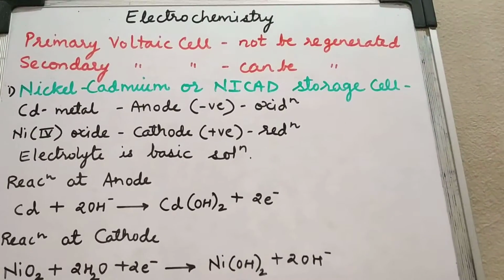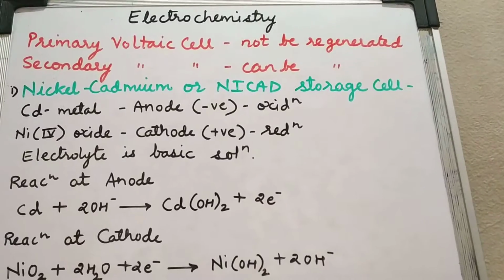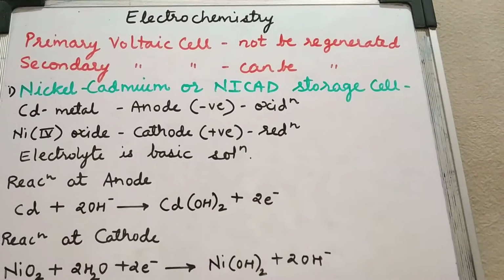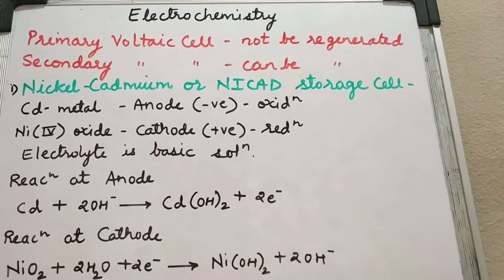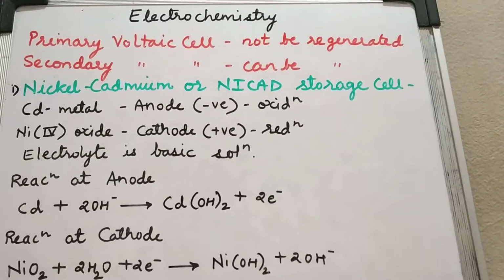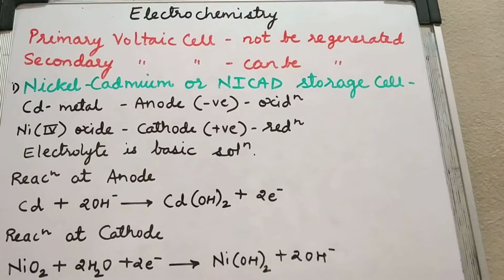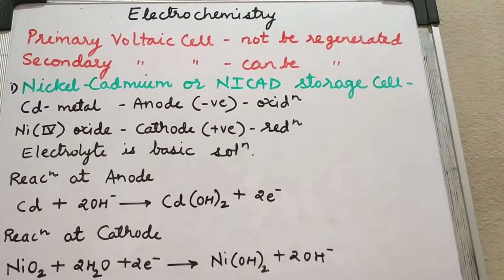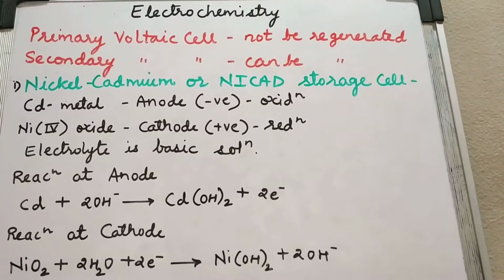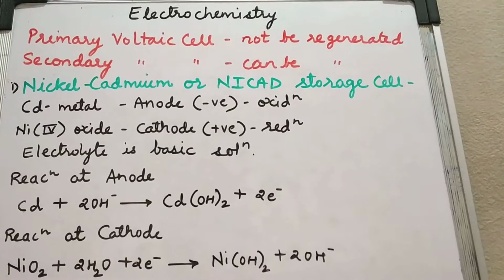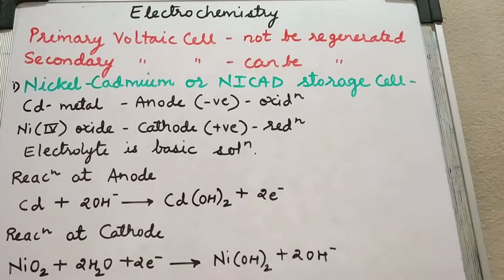A primary voltaic cell is a cell that cannot be regenerated. The meaning is, the cell dies. Once the chemicals present in the cell are used up, they are finished, the cell dies and cannot be regenerated.